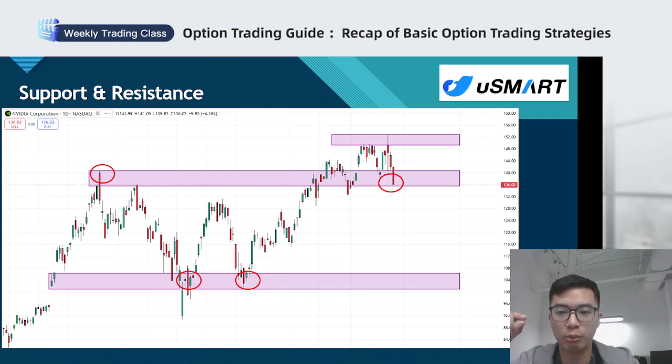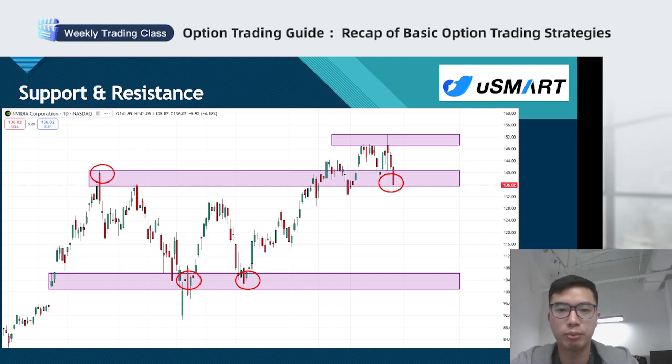We need to wait for a bullish bar to come out in maybe 1 or 2 days or 3 days. Then, with the confirmations, we can do a long call to go up.